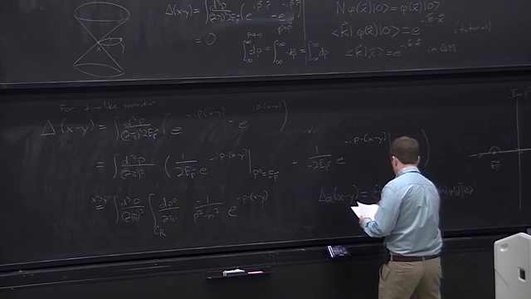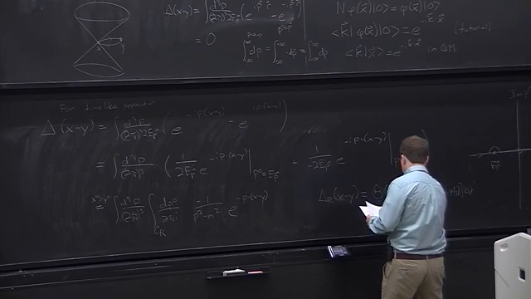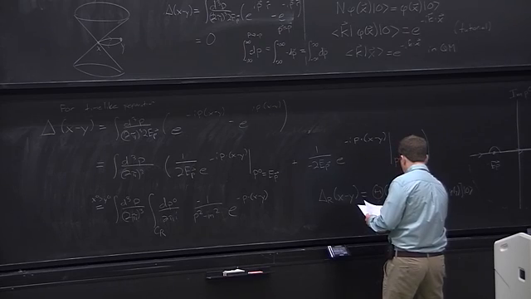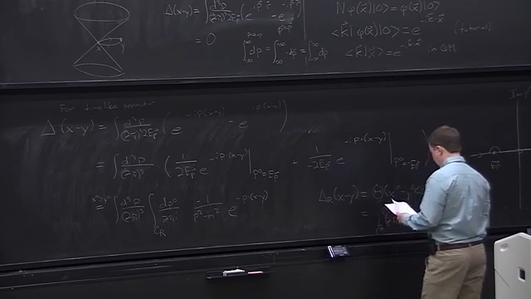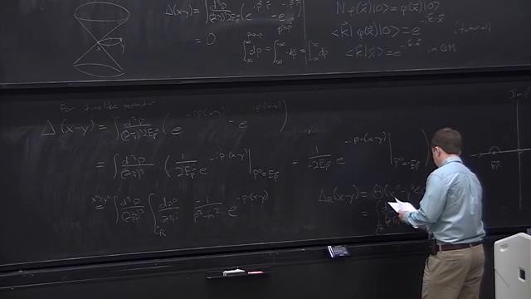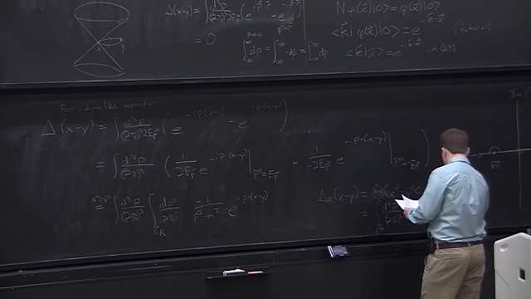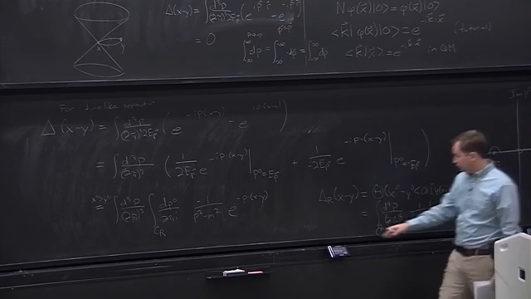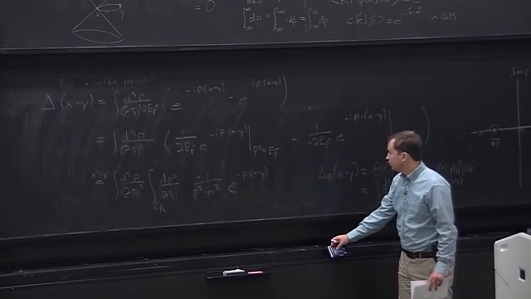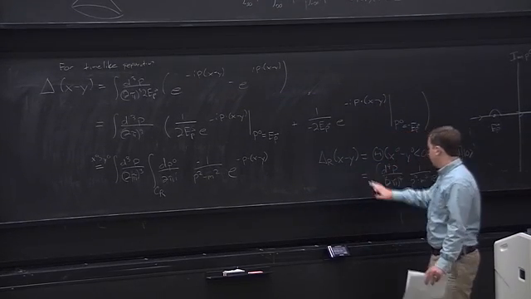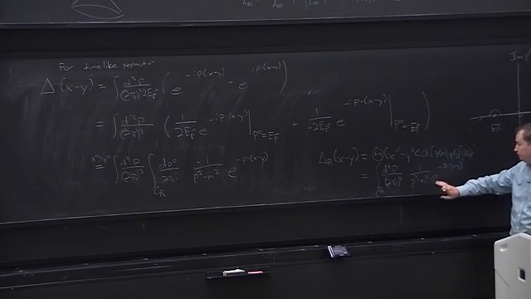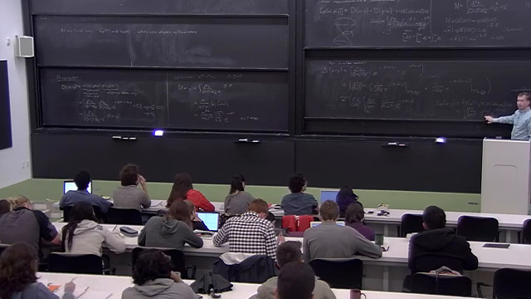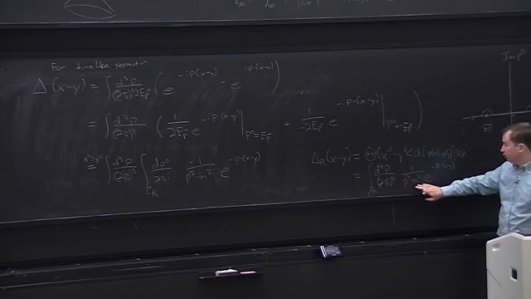And so our expression for this in more compact notation is the integral d^4p i over p squared minus m squared e to the minus i p dot (x minus y). Just done some odd-looking manipulations. I'm out of time, but we'll come back to this tomorrow and see why this is useful.